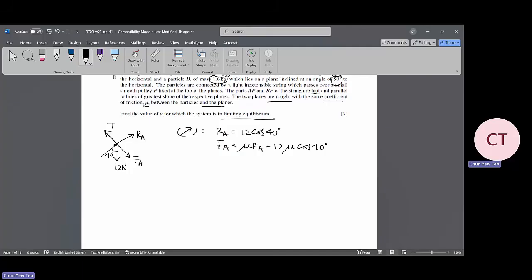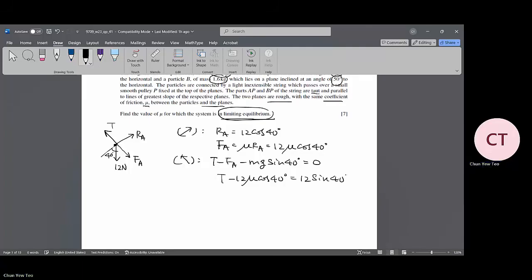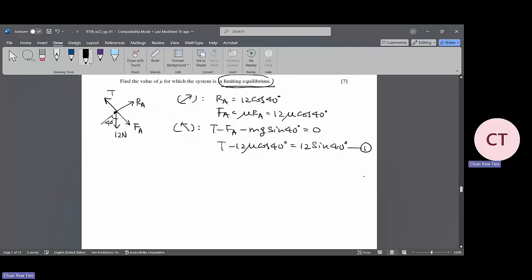I don't plan to press a calculator, because just leave the answer like this, I think is enough. I want to remain my answer as accurate as possible. So now I resolve the forces in these directions. I have T minus FA minus mg sine 40 is equal to 0 because it's a limiting equilibrium. So your T minus 12 mu cos 40 is equal to 12 sine 40. I will call this one equation 1.